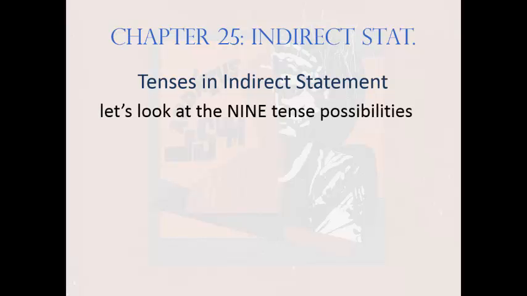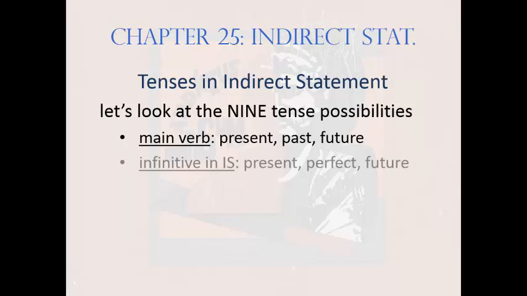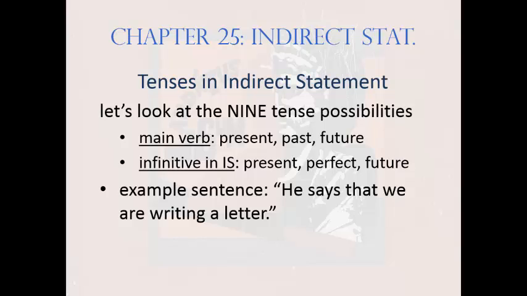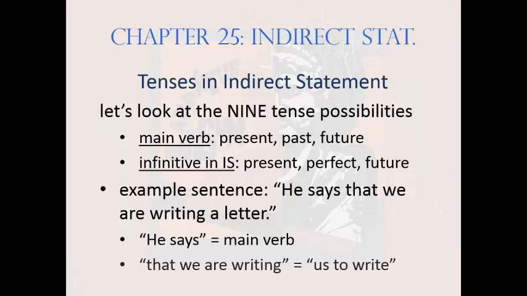There are 9 possibilities, because the main verb can be present, past, or future, and the infinitive can be present, perfect, or future. Using the example sentence, he says that we are writing a letter, where the main verb is he says, and the indirect statement is that we are writing, let's turn English idiom into its Latin equivalent.